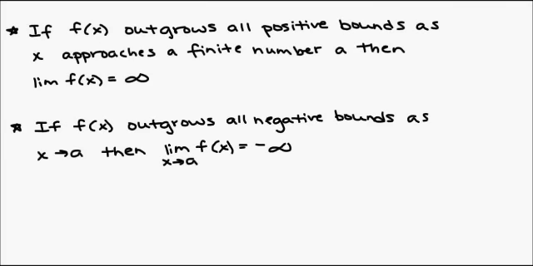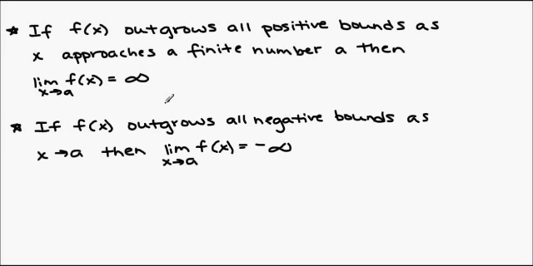So first of all, you see that if f of x outgrows all positive bounds as x approaches a finite number a, then the limit of f of x as x tends to a is equal to infinity.